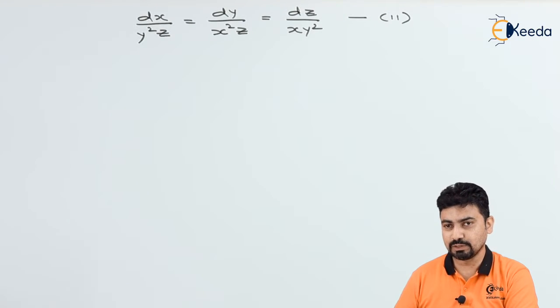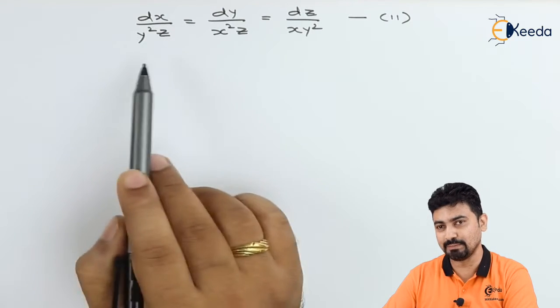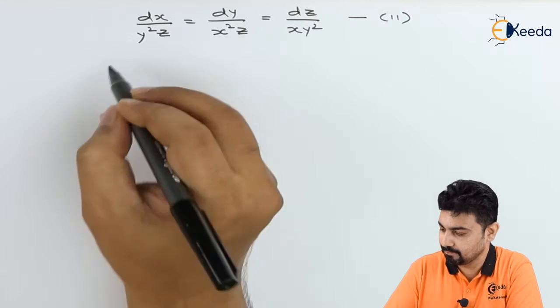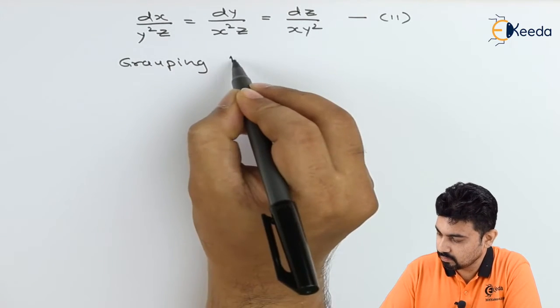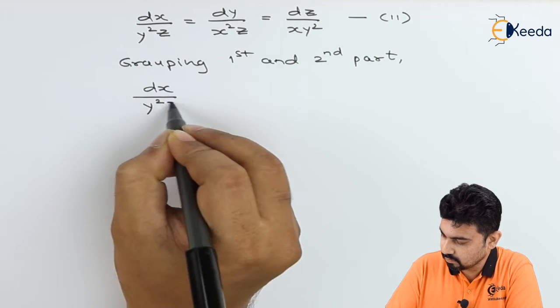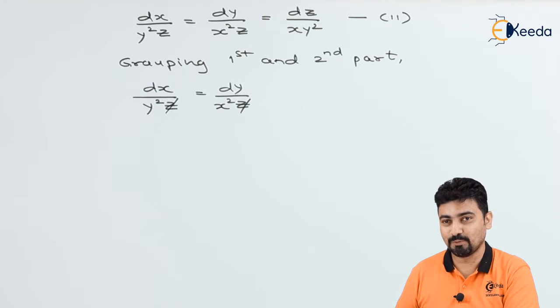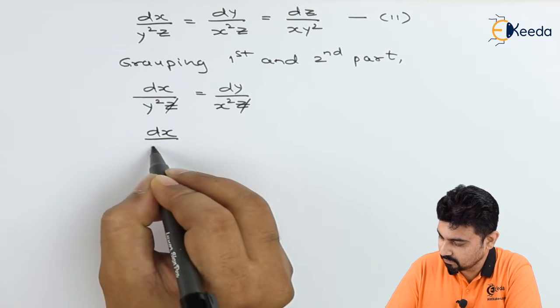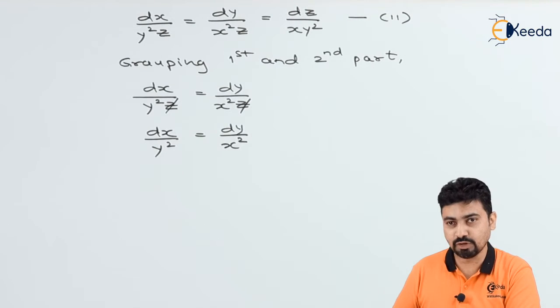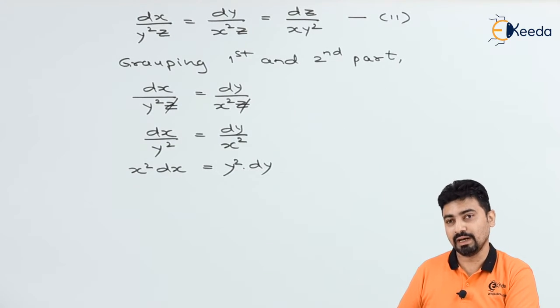Now from this equation 2, again let us see which other parts we can group together. We can see that if we group the first and the second part, z will get cancelled and we will be able to integrate easily. So let us go ahead. The z got cancelled. What we are left with is, cross multiplying it and now integrating it further.